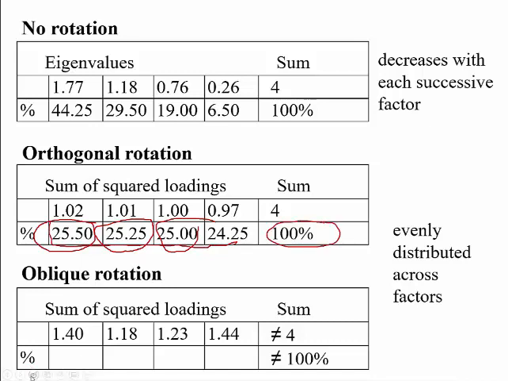So again, it's more evenly distributed across my factors, but it still adds up to the same percent of variance explained. Now at the bottom, we have oblique rotation, and as with orthogonal rotation, our sums of squared loadings are evenly distributed, at least as evenly as possible: 1.4, 1.18, 1.2, 1.4 again.